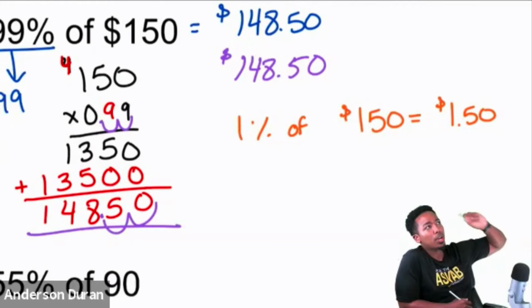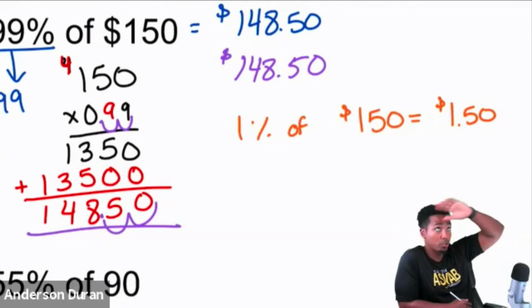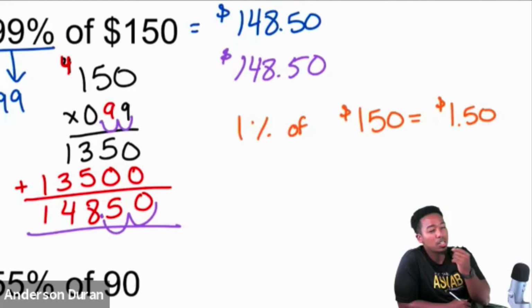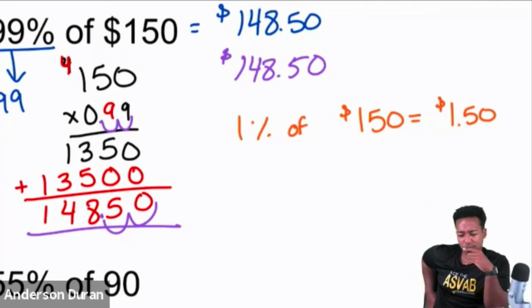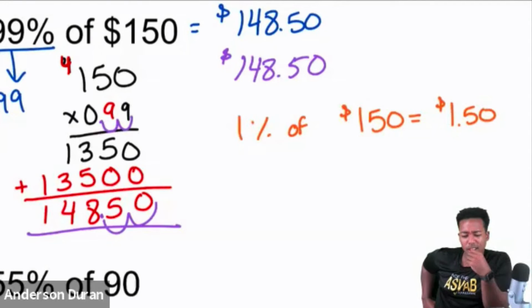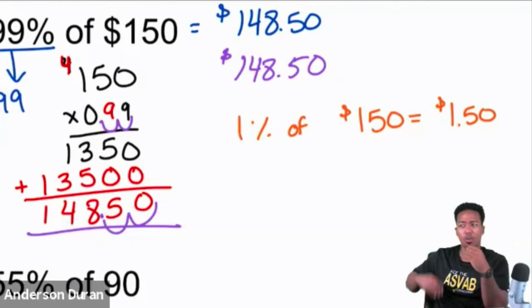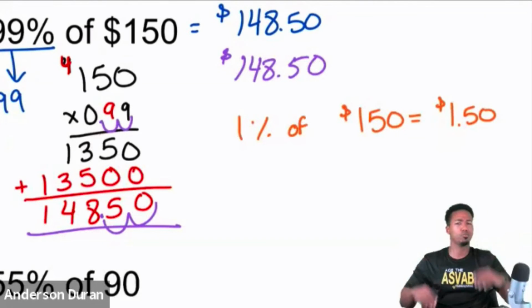But everybody, answer me this. Because we're trying to go from the original amount, that 100%, down to 99%, doesn't that mean that we can subtract 1%? Would that be fair to say? Yes or no? It would be convenient, right? If we are going from 100% to 99, subtract 1%.